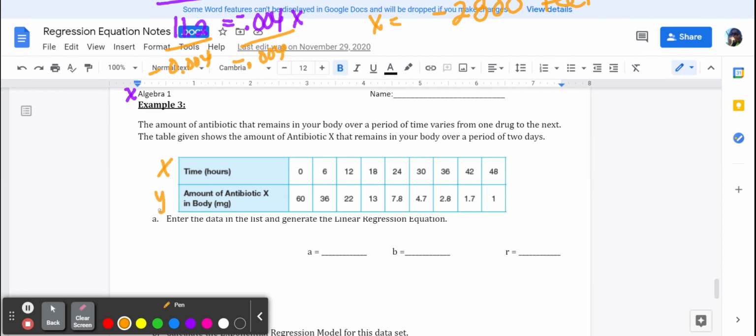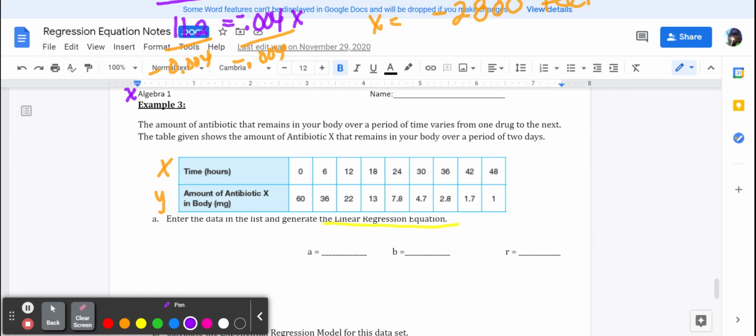So this says generate. Notice it says here the linear regression equation. And so if it tells me to calculate the linear, that means I'm going to, in L1, put in the time. So 0, 6, 12, 18, 24, 30, 36, 42, 48.